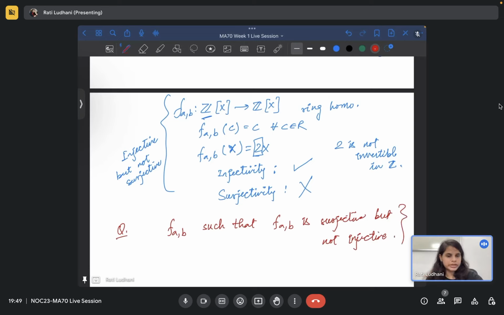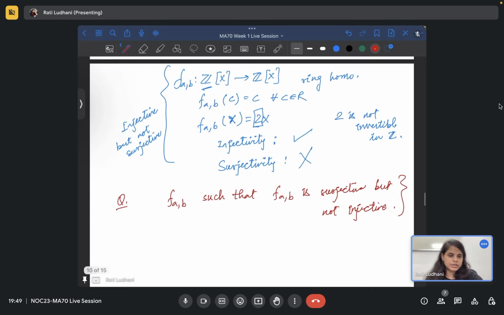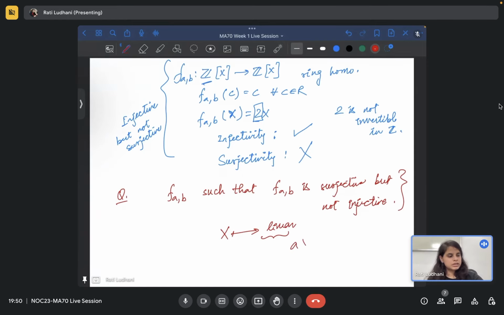On the top of my head, I think this cannot be the case, because surjectivity means the degree has to be constant, because for every element you should find the inverse. When you start with x, you are defining a map on x, so you really have to keep it linear first. And when you keep it linear, you have just two choices, either like ax plus b, and a can be invertible or not, and that will only cover the injectivity part.